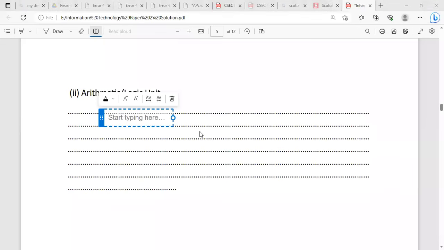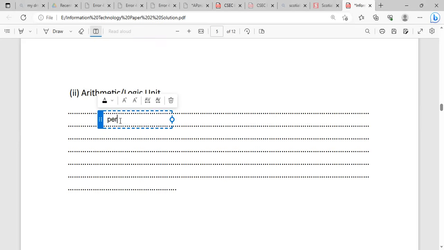All right, so we're supposed to give two functions of the arithmetic logic unit. What are those, guys? Type in the comment section. Everyone should be in the comment section now, guys. What are you guys feeling about the exam? Ready for paper two?